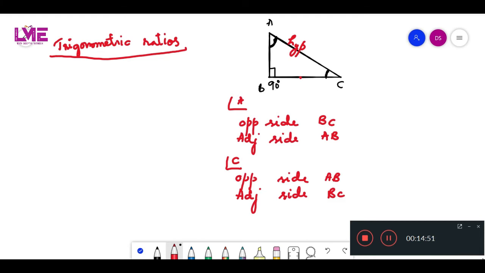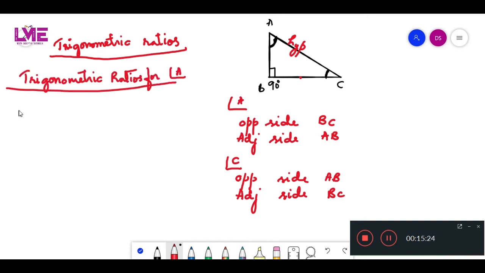Now based on all these sides, let us define different trigonometric ratios. Let me define trigonometric ratios for angle A first. So, the first trigonometric ratio is sine of angle A. S-I-N-E, sine of angle A. So, we can define this trigonometric ratio as opposite side of angle A divided by hypotenuse of the triangle.